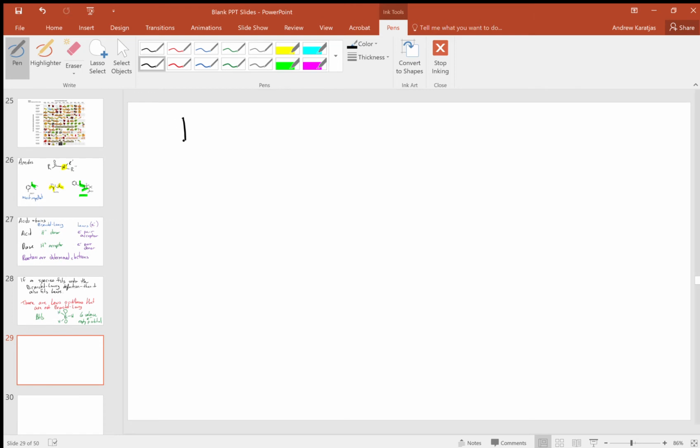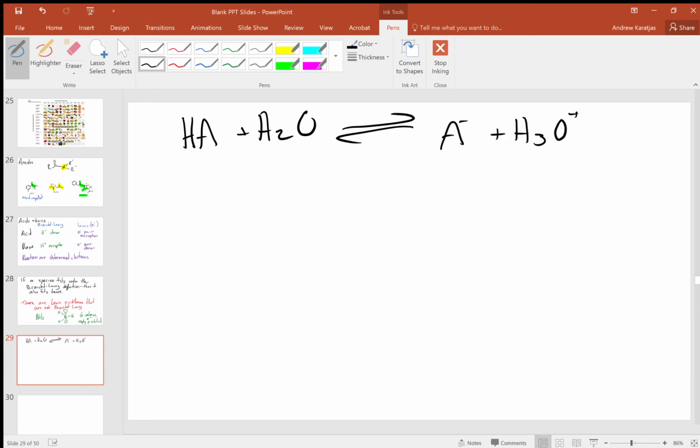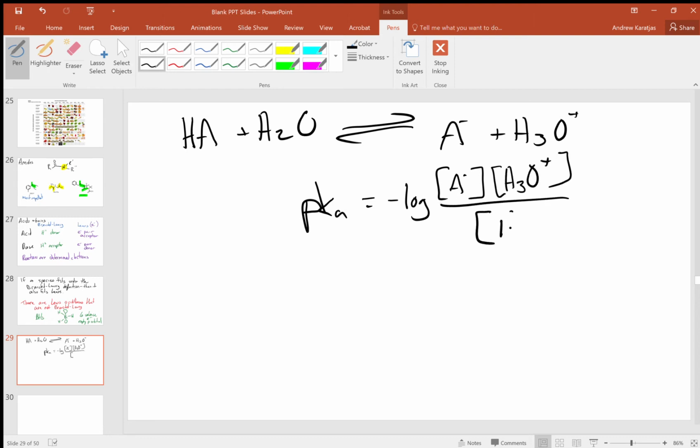So recall, and this is something you probably saw in Foundations, that any generic acid can react with water to form a conjugate base, conjugate acid pair. And then we learned, we're not going to go back through the math here, that the pKa is equal to the negative log of [A minus] times [H3O plus] over [HA].